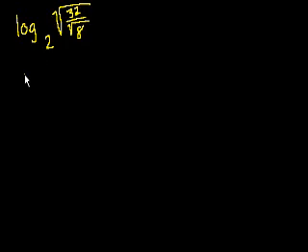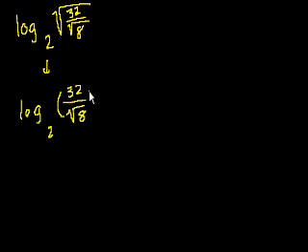How can I rewrite this so it's reasonably not messy? Well, let's think about this. This is equal to, I'll move vertically, the log base 2 of 32 over the square root of 8 to the 1/2 power, right?